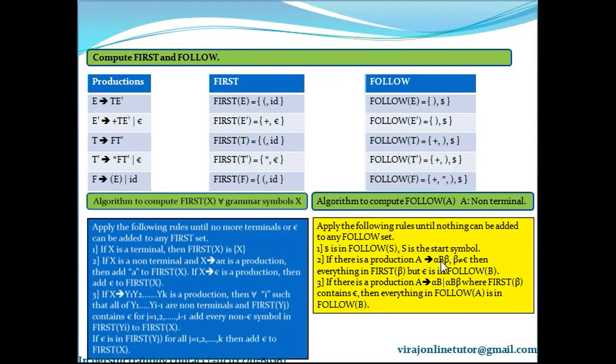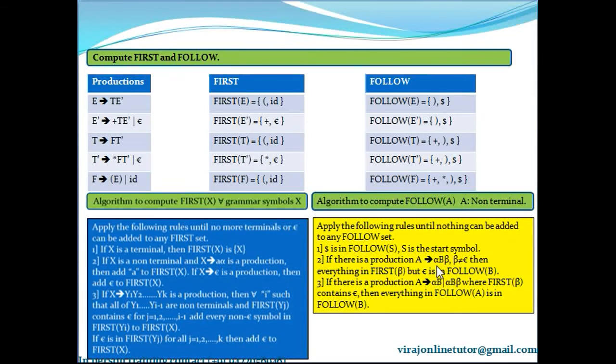A simple tip for you all. Follow never contains epsilon in it. Follow never ever contains epsilon in it. So by mistake also please don't add epsilon in follow calculations. Clear? So what this production tells me, if A gives alpha B beta is a production, and if there is something in place of beta, place first of beta into follow of B except the epsilon character.